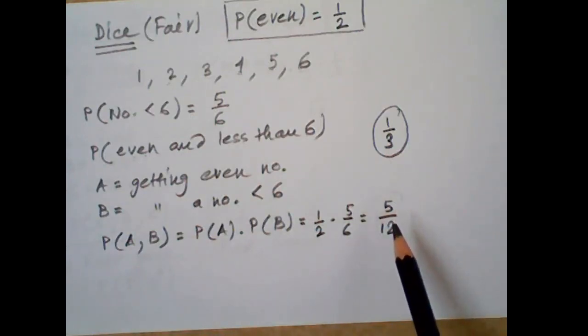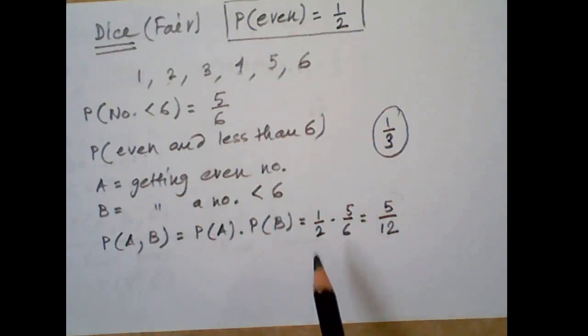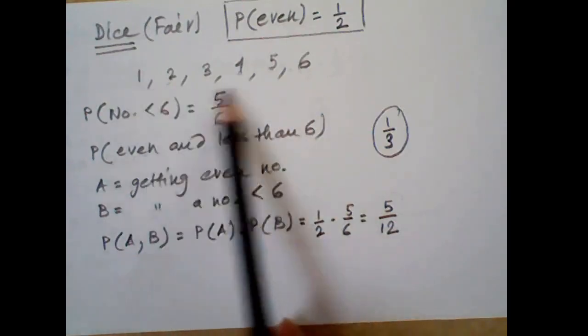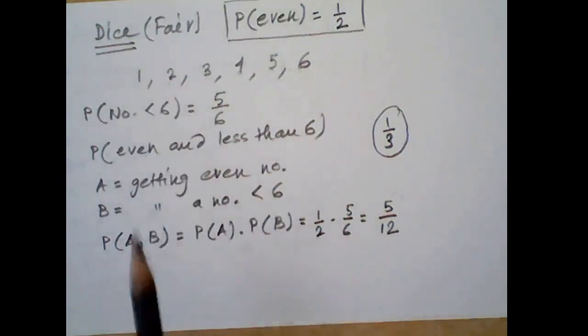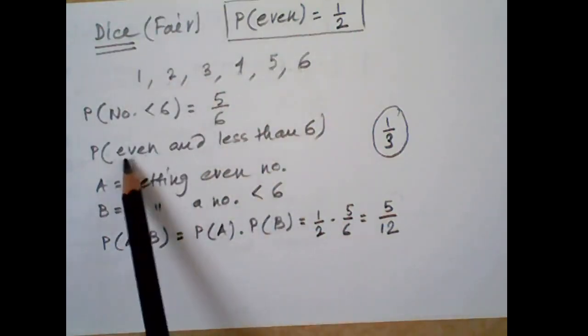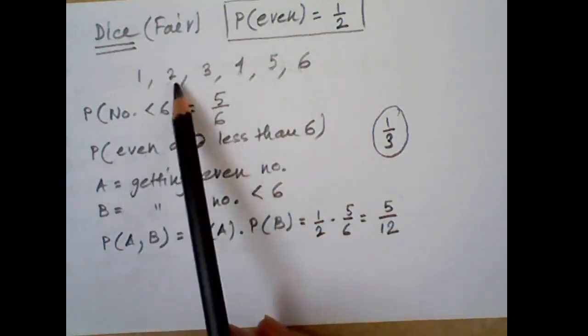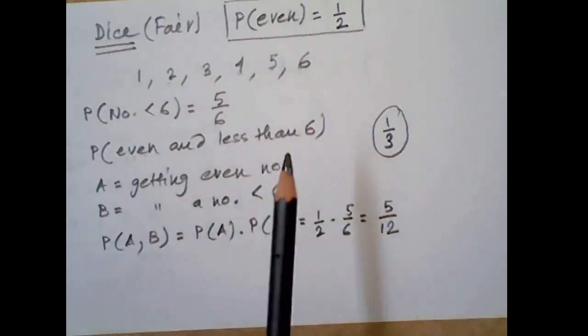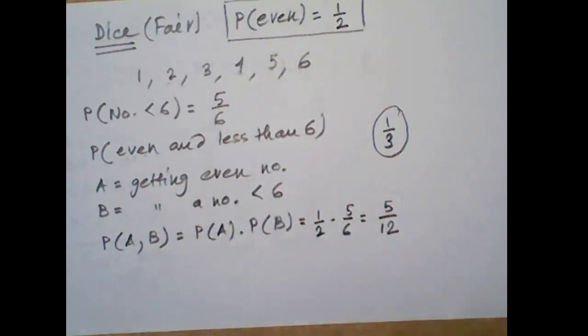These are not independent because less than 6 is including these 5 numbers, and getting even also includes 2 and 4. So they are not independent. One has got something to do with the other.